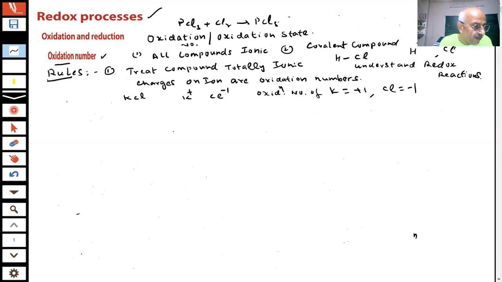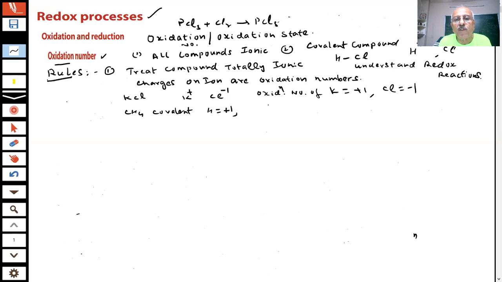CH4 is a covalent compound, but I assume it is ionic, students. The electronegativity of carbon is slightly more than hydrogen. The oxidation number of hydrogen is +1 for one hydrogen, so for four hydrogens it will be +4. Then what will carbon be?